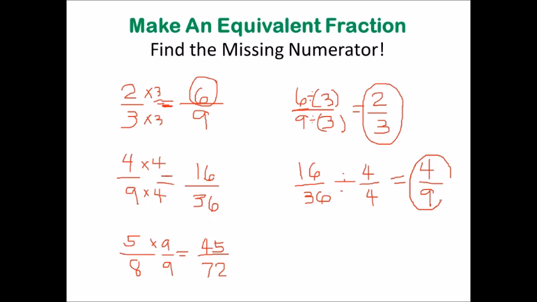So this will be the lowest term for 16 over 36. So 45 over 72, you have to get the greatest common factor, which is 9. So you have to divide both the numerator and denominator by 9. So you'll get 45 divided by 9, which is 5, and 72 divided by 9, which is 8.